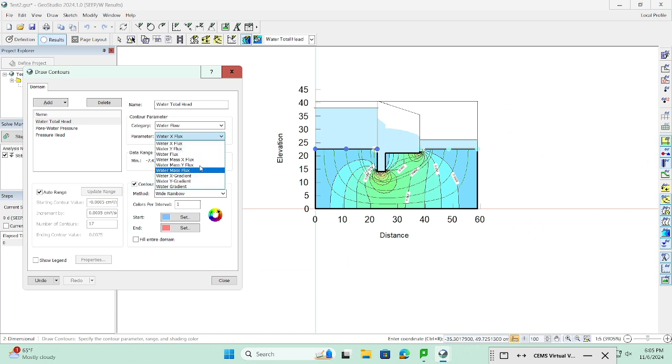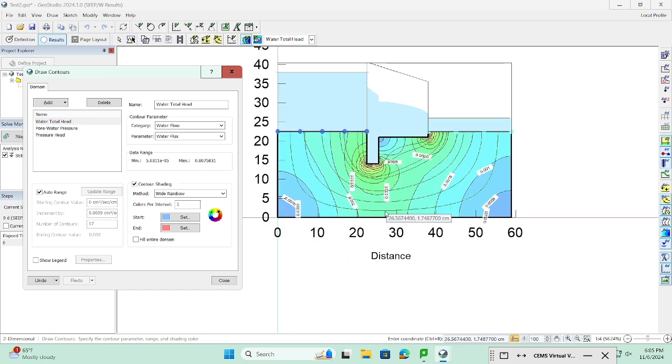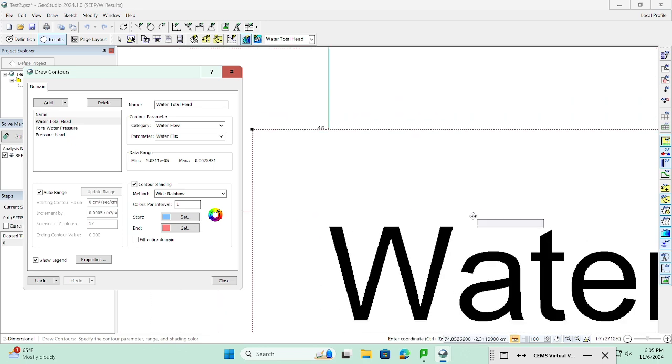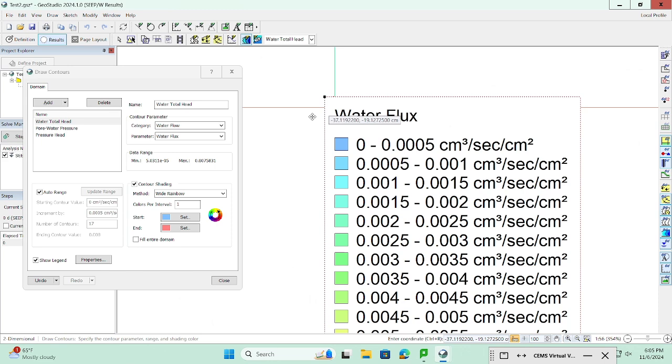And here you can choose water flux, for example. It's all going to show you how the water basically moves, the pressure, lots of different things. And you can show the legends too. Perhaps the legends are going to be very big, so we can then change the size of them.